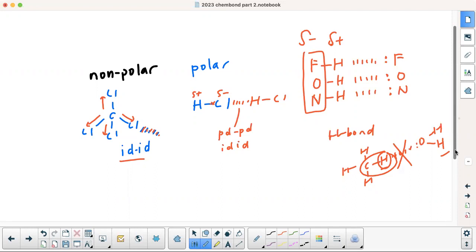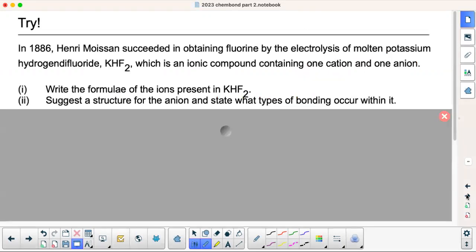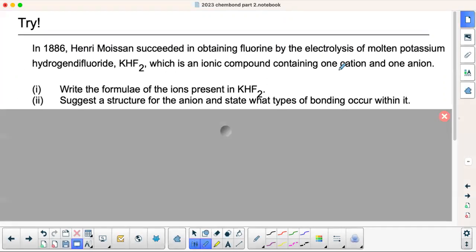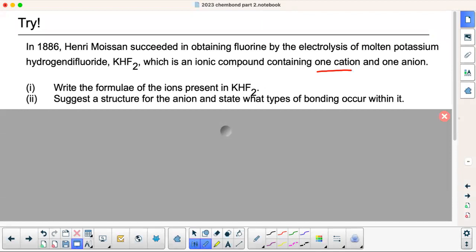Write the ions again. There's only one cation and one anion. Read carefully. Some of you are writing three ions. There's only one cation and one anion.